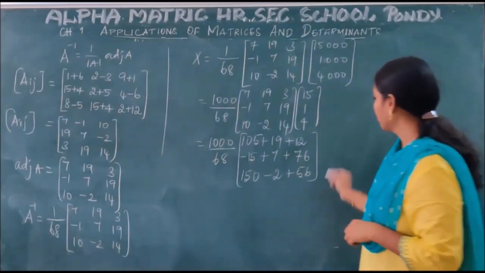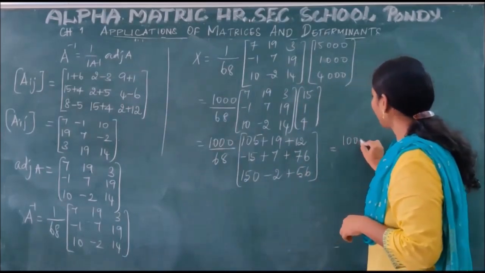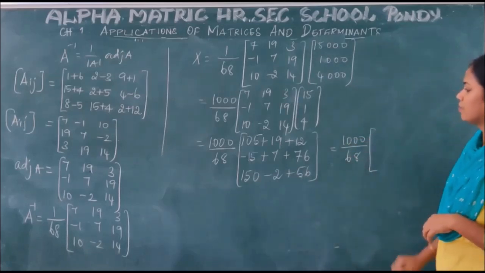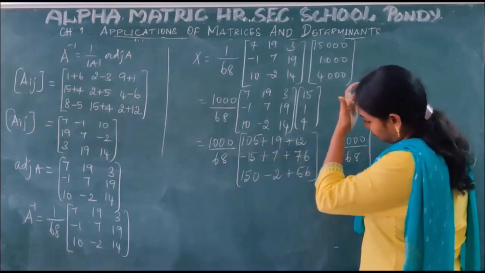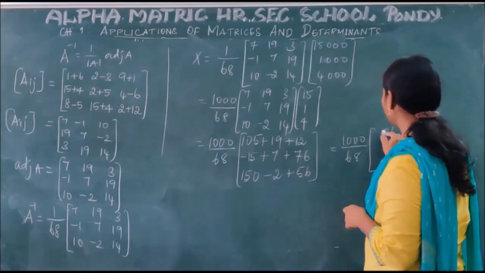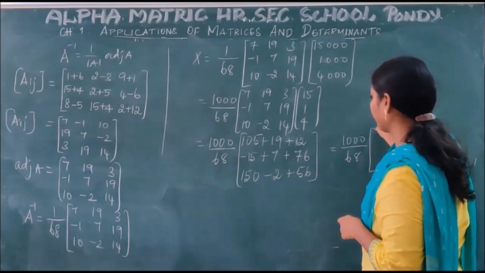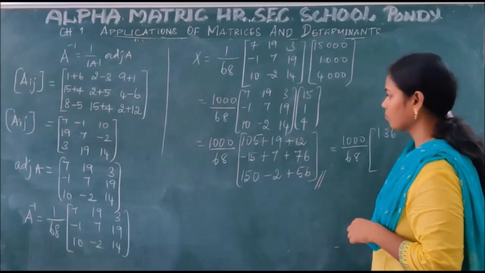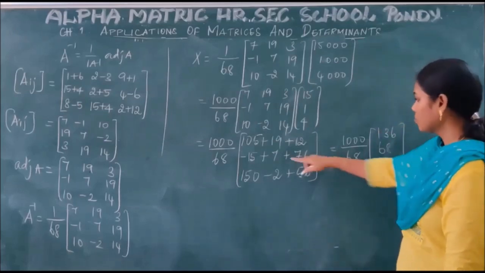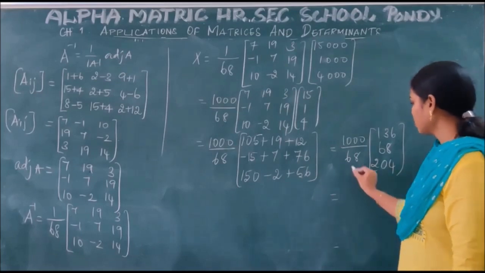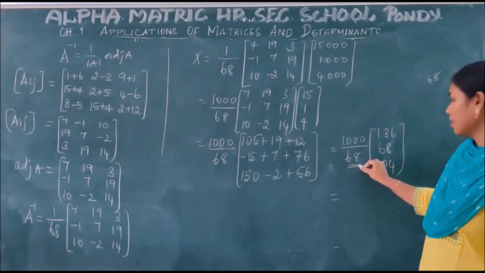Sum it off. So this is equal to 1,000 by 68 into 7, 16, 3, 1. Okay. So this is 68 and 204. Now just divide by 68.